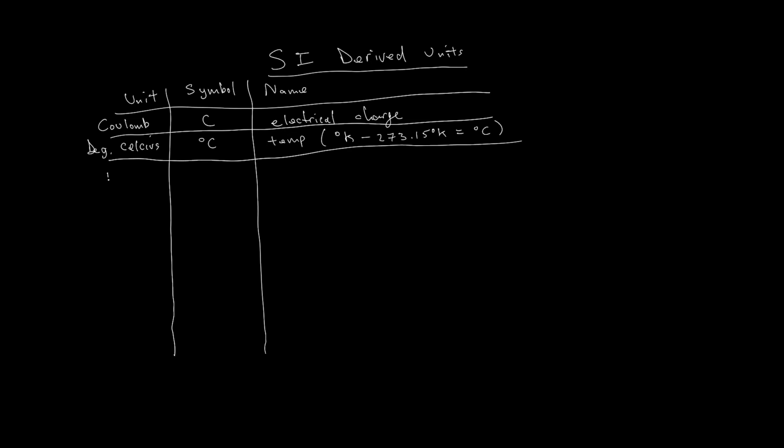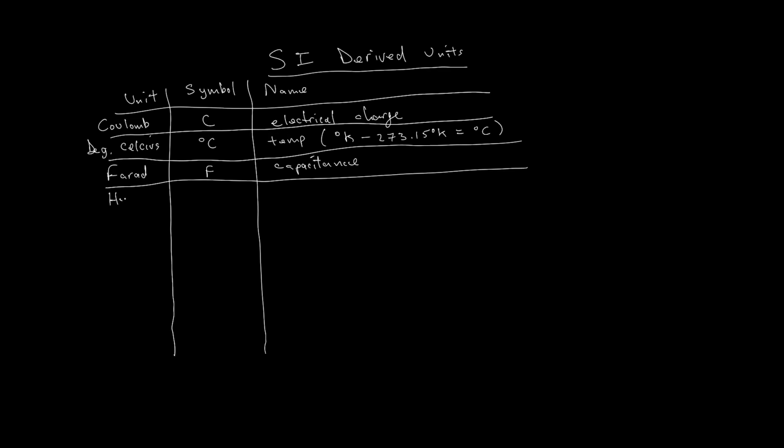We also have a unit called Farad, named after Michael Faraday, capital F for symbol, and of course this is a unit we use to relate capacitance, so capacitance between 2 points or 2 parallel plates separated by a dielectric perhaps.